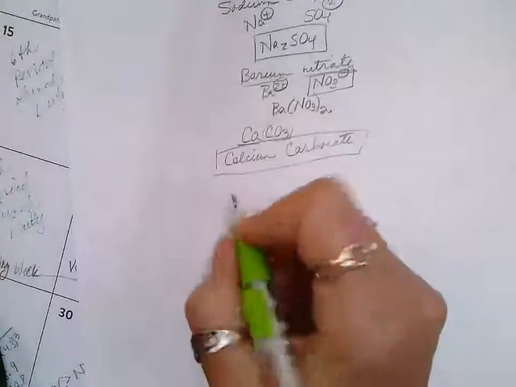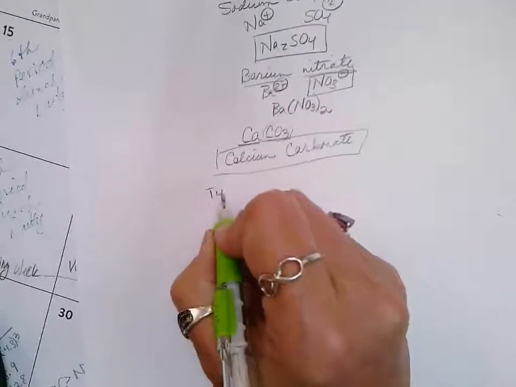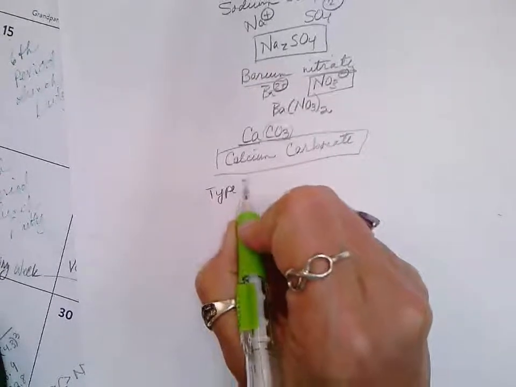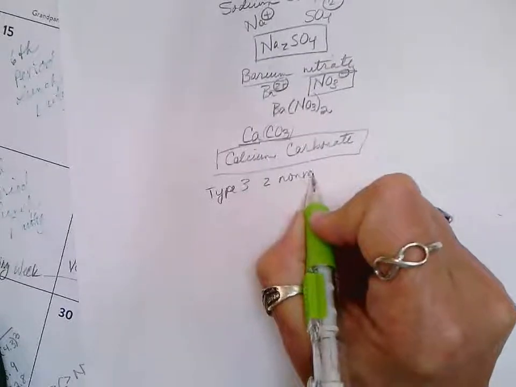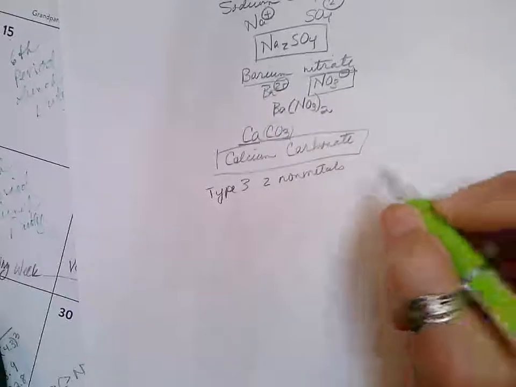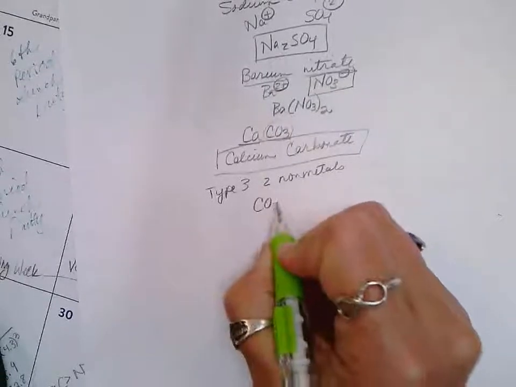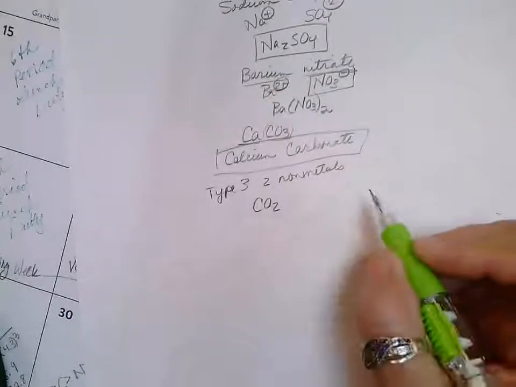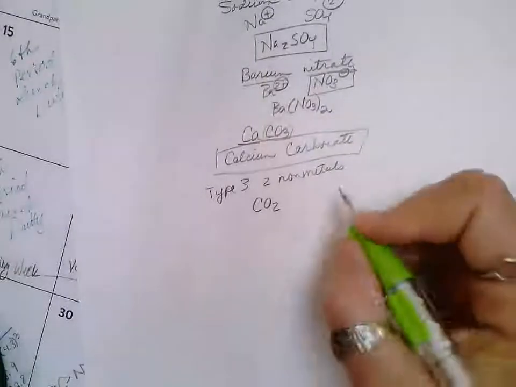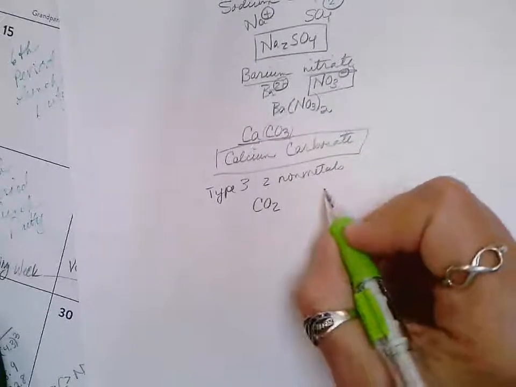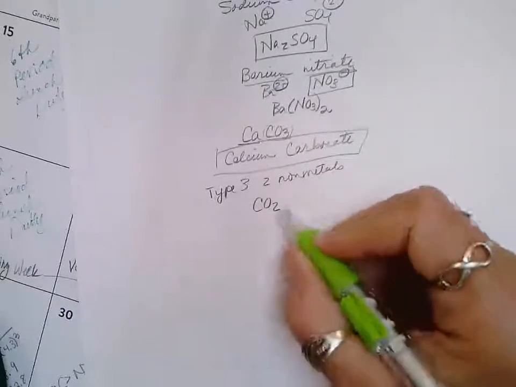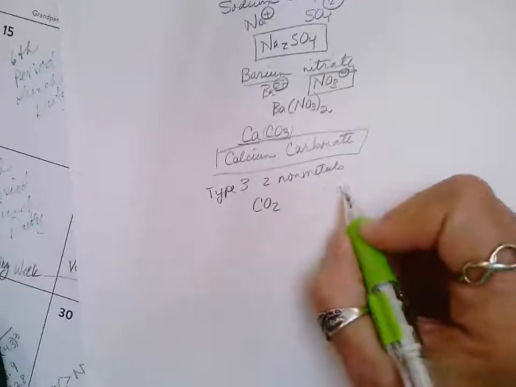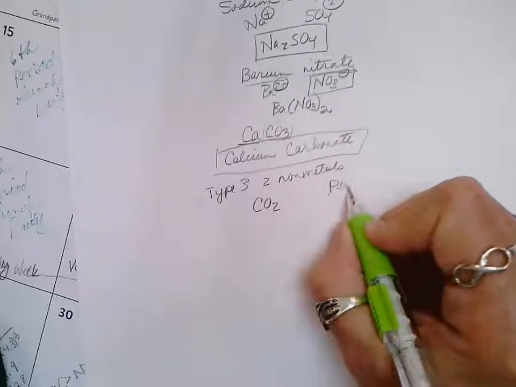And now we're going to go to the third type, which is when we have 2 nonmetals. That would be something like CO2. We have to have some rules for this. Whenever we have more than one of something, we're going to use some prefixes.